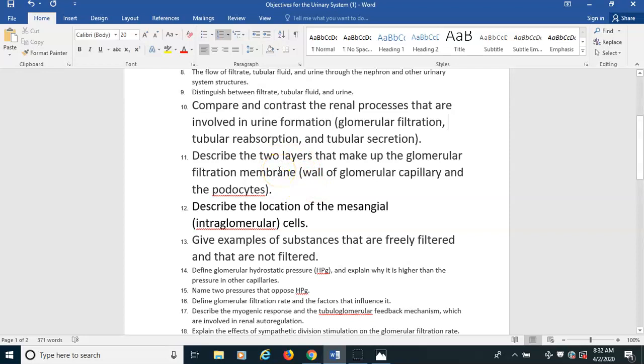We're going to have the same thing going on in the nephrons of the kidneys. We're going to have this membrane, and they call it the filtration membrane, or glomerular filtration membrane. And it's going to be associated with the blood vessel, and it's the capillaries.